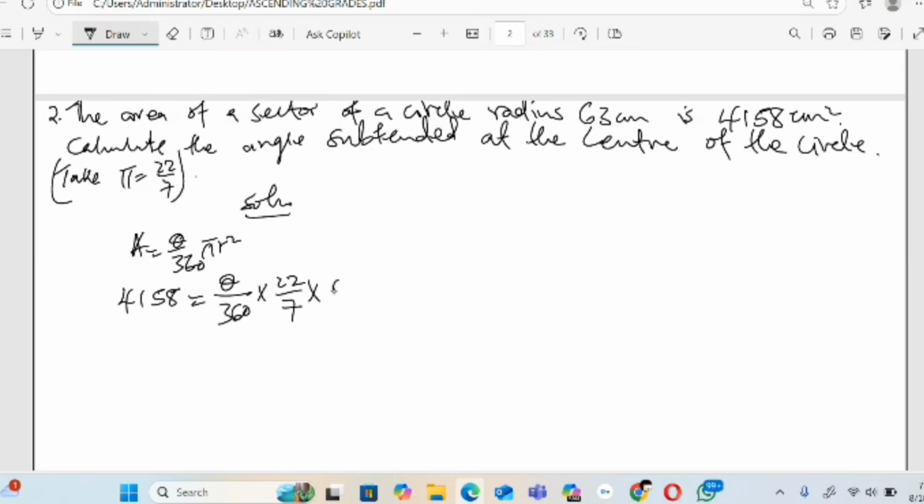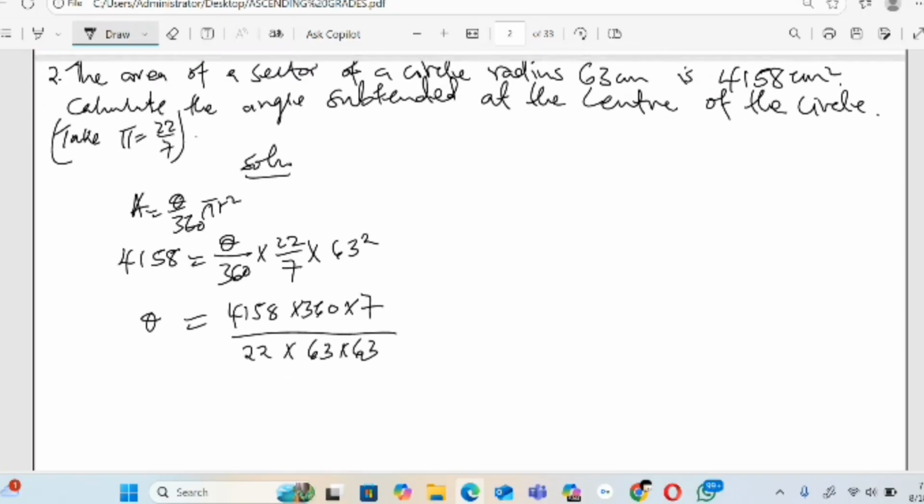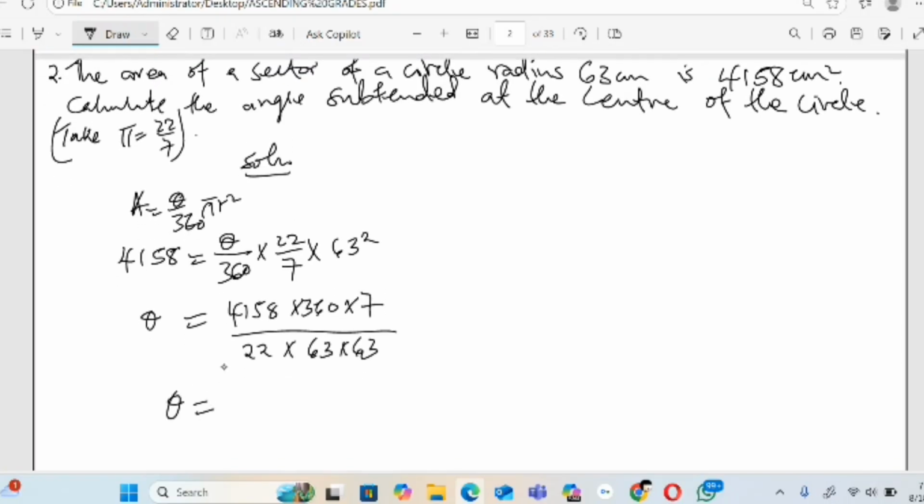So theta is going to be 4158 times 360 times 7 divided by 22 times 63 times 63, and with that our theta is going to be 120 degrees. So that is how we find our angle theta.